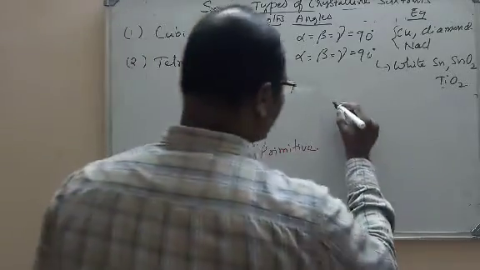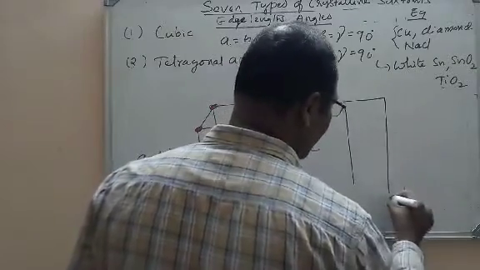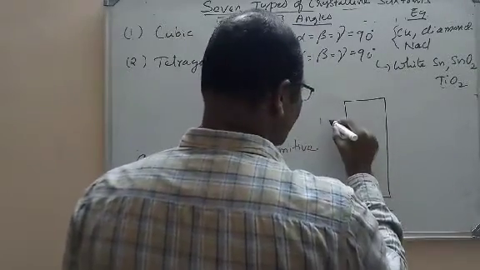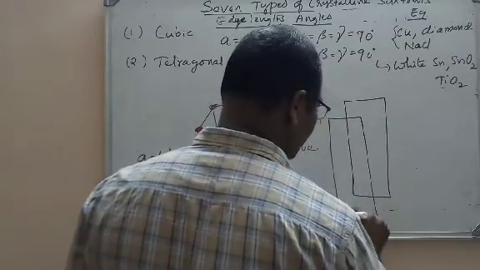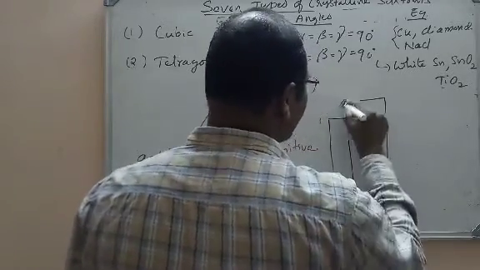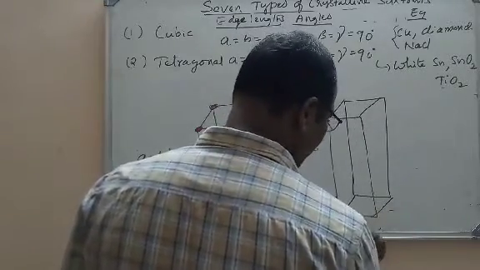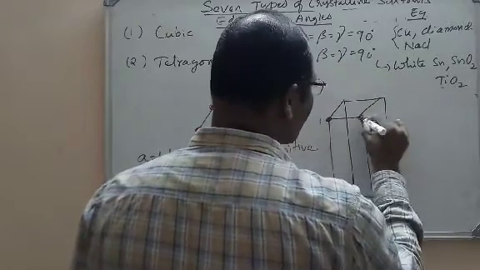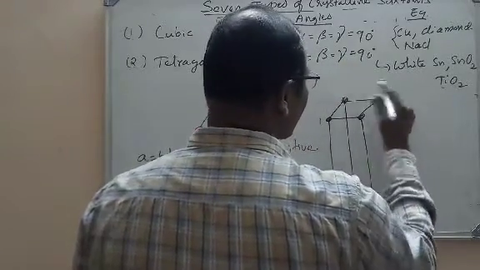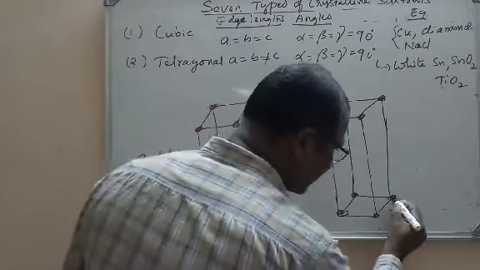You also know that in tetragonal even body centered is possible. Look here, in the tetragonal system again we can have body centered. So to draw any crystalline system, first we will draw the simple lattice or primitive lattice. What is a primitive lattice or a simple lattice? That consists of 8 points at the 8 corners.